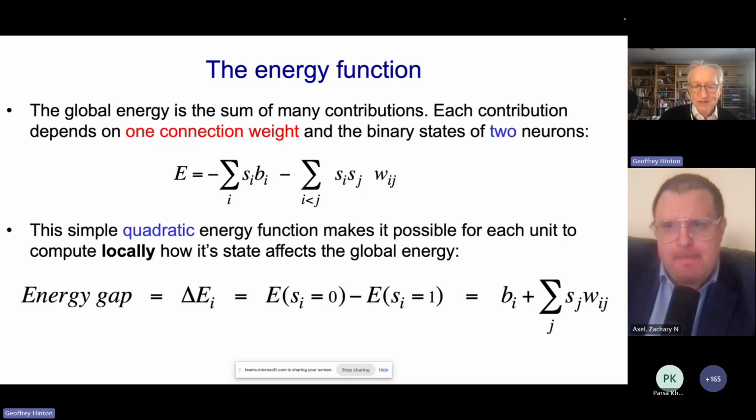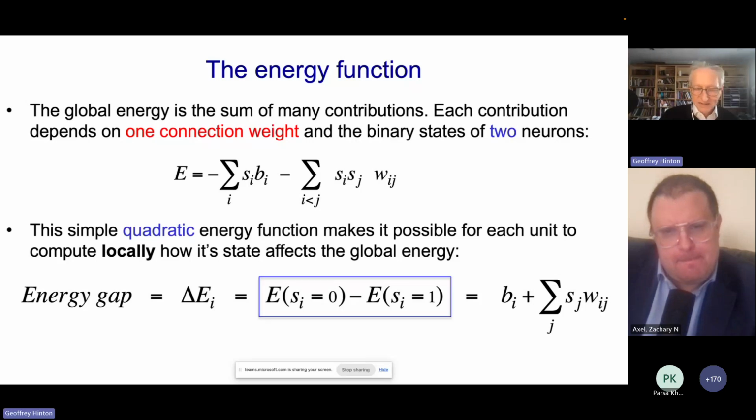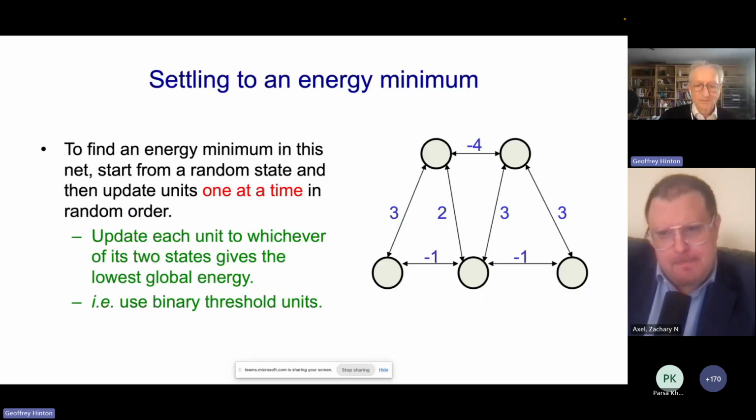And that energy gap is just the bias of neuron i plus the sum over all the connections coming from other neurons j of the weight on the connection. And that, of course, is exactly what a binary threshold neuron computes. It adds up the input coming from all the other active neurons, the ones whose state is 1, adds in the bias, and then if that's above 0, it turns on, and if it's below 0, it turns off. And that's the energy gap, that difference in the energy depending on whether it's off or on.